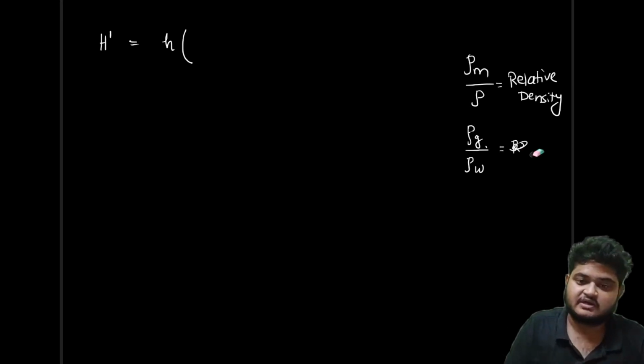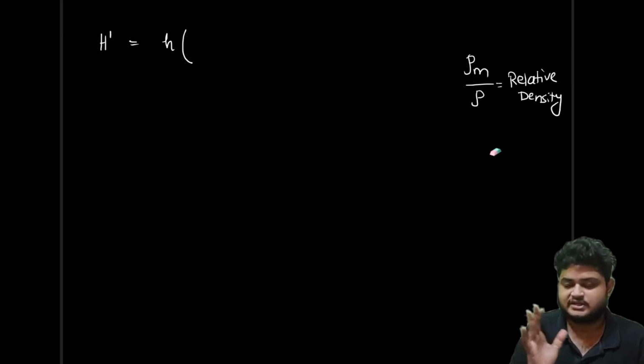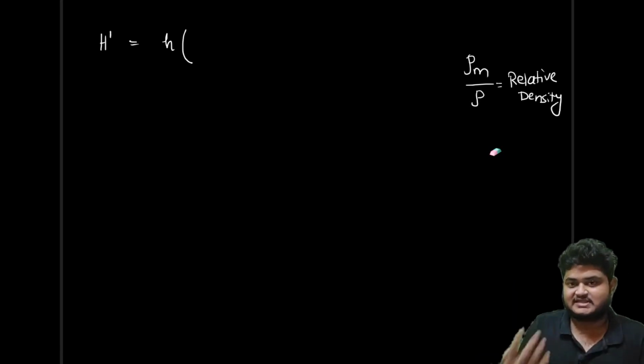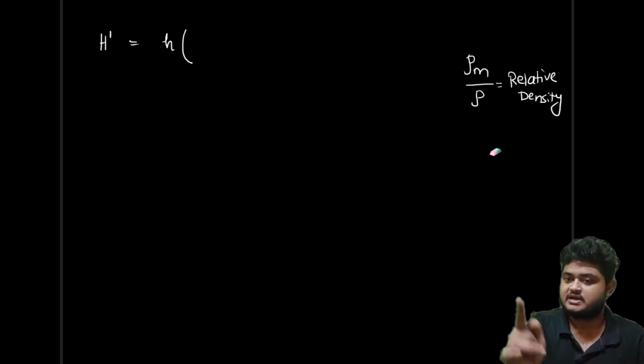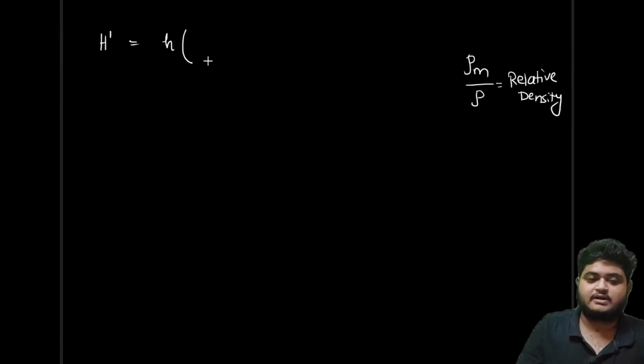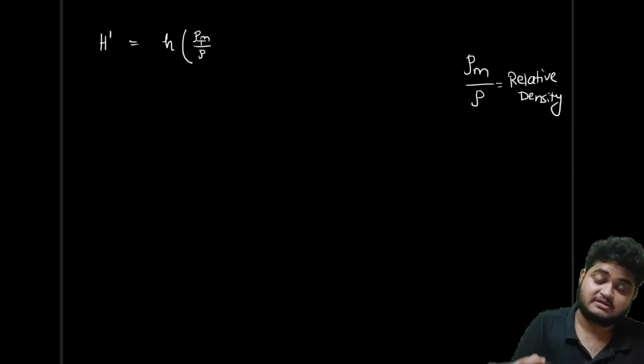And otherwise, if both are in fluid form and I divide one with the density of the standard fluid, it will be called specific gravity. Thus we can say that all specific gravities are relative density, but all relative densities are not specific gravity, right?